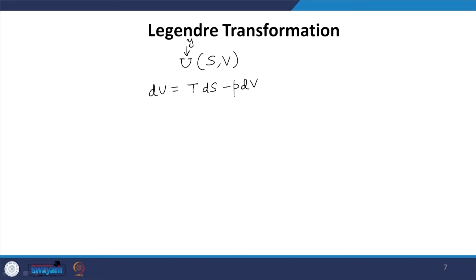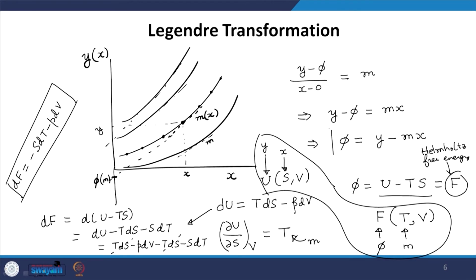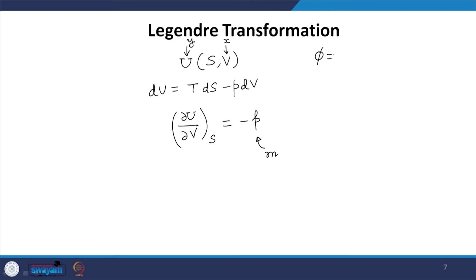So, U becomes again the y and V becomes my x, and dou u by dou v at constant entropy, that becomes minus p, which is my m, and I again have the same argument that I had in the previous example, that phi is y minus mx. Let us see what I get by doing that. So, phi is y minus mx, y is my U, m is minus p, and x is my V, and so this becomes U plus pV, which we know as H, or the enthalpy.